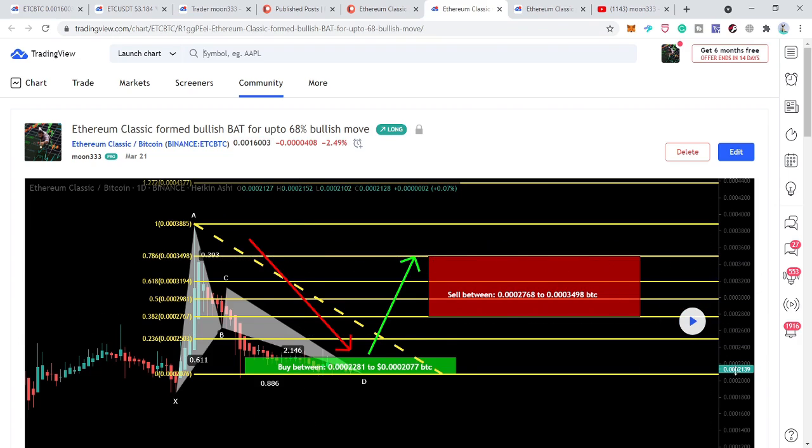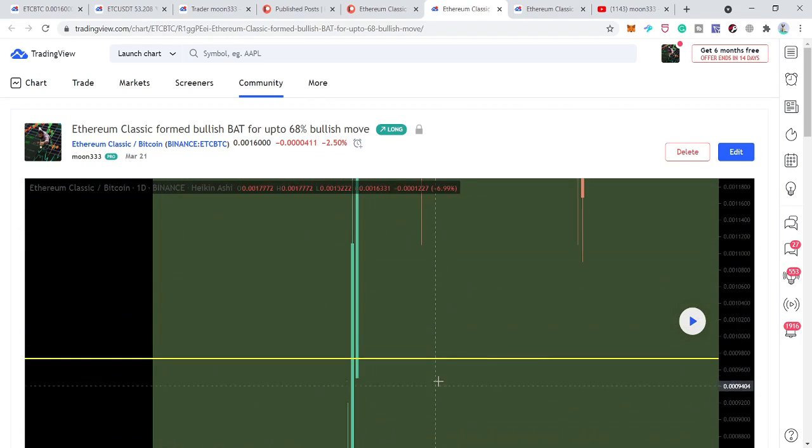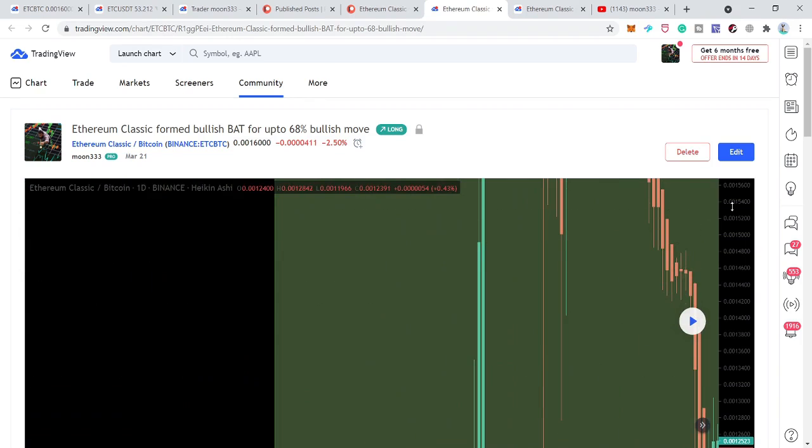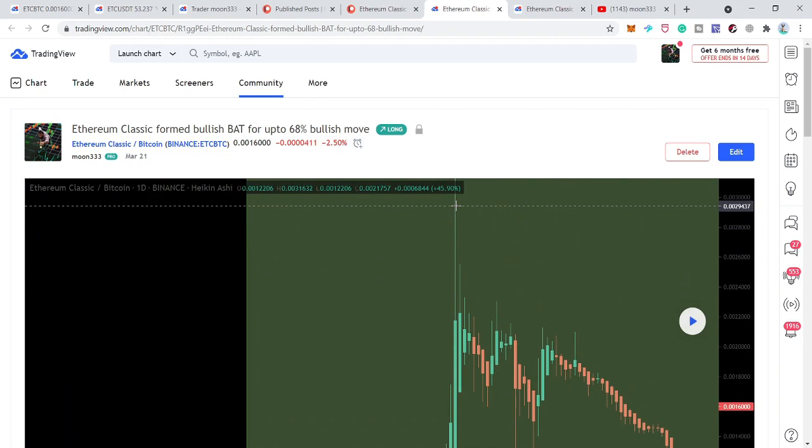You can see at that time it was moving at 0.000239 BTC, and after playing the chart we can see that it turned really very strong bullish, and it rallied up to 0.00316 Bitcoins. That was more than 1300%. Very massive big rally.